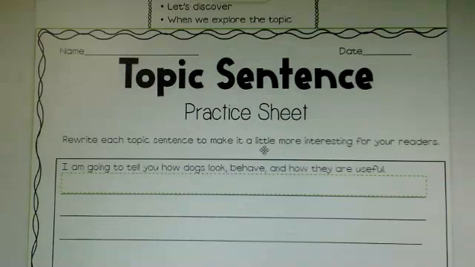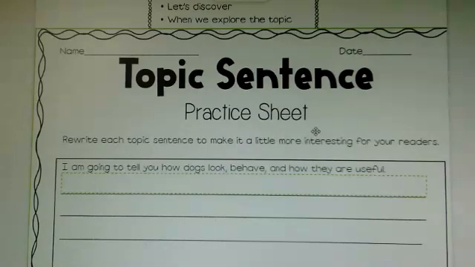So in my example, it was verbs and adjectives. They have, which is a verb, a unique life cycle. So unique is an adjective. They have an interesting diet. Have is my verb, interesting is my adjective. And then they are prey for a number of different animals.